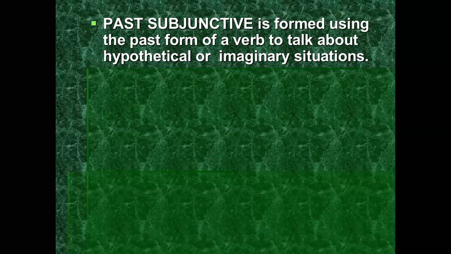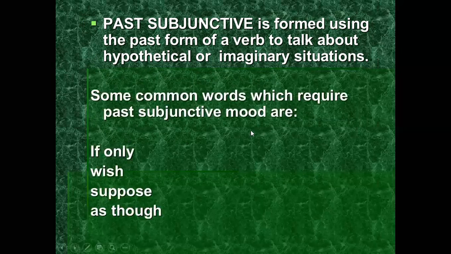Let's have a look at some examples. Before I go ahead with examples, I would like you guys to pay attention to these words because they are normally used in sentences in the past subjunctive mood. If only, wish, suppose, as though.